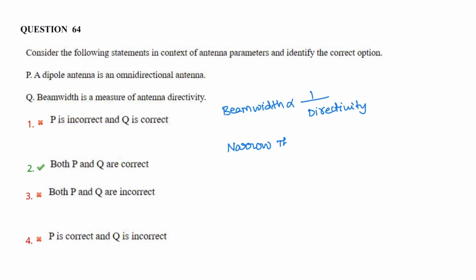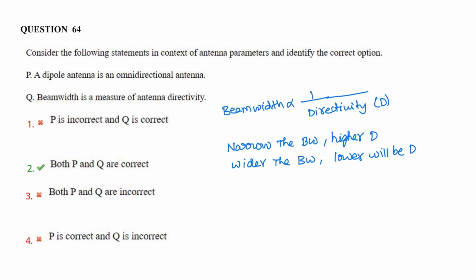Wider beam width means lower directivity. So if beam width is wider, lower will be the directivity. So both statements are correct.